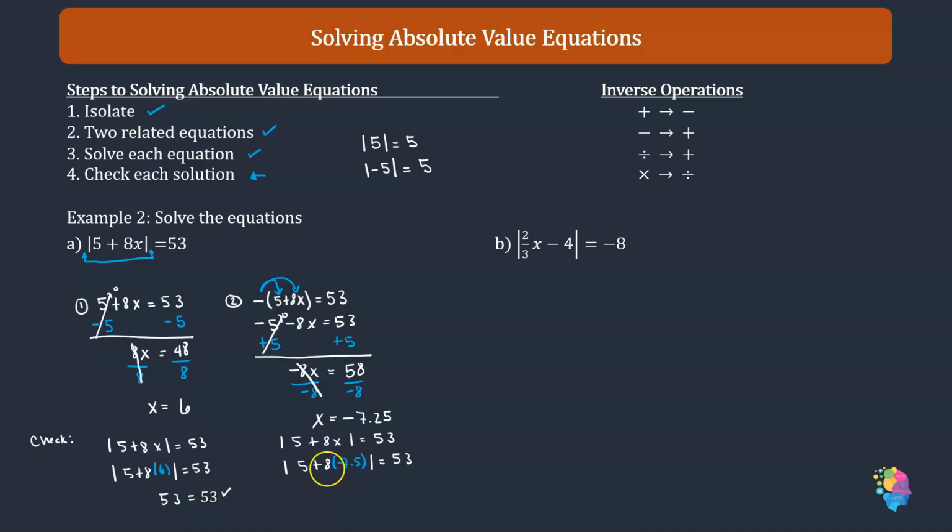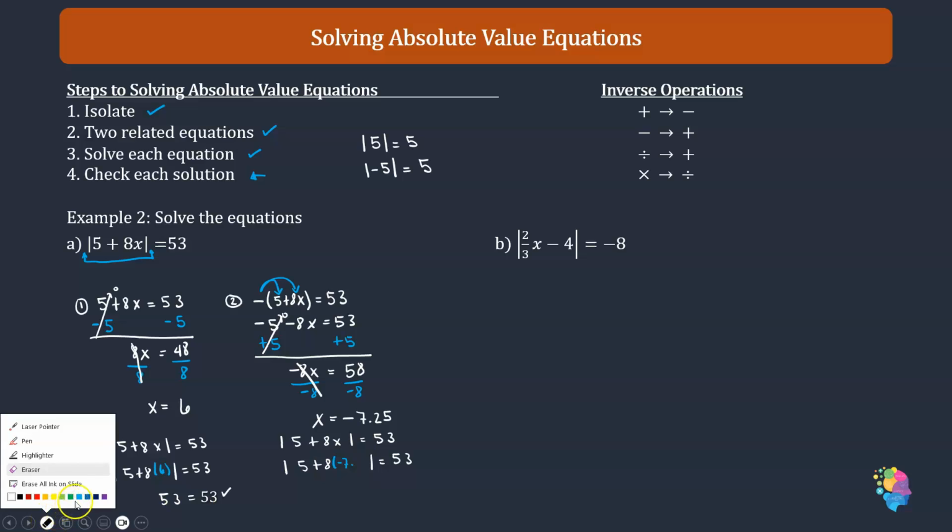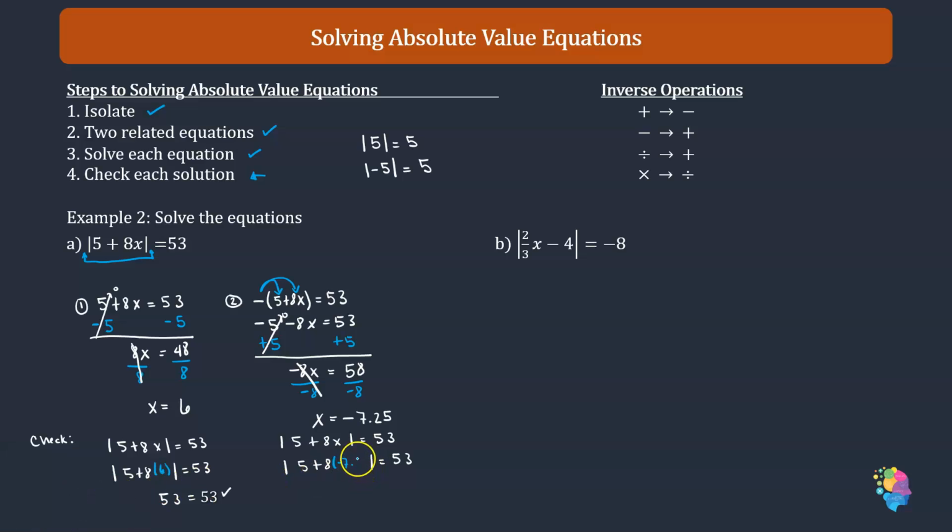And for the second, 8 times negative 7... I wrote a 5 instead of a 7.25. Let me correct that. Right here, that was the solution. So we try again. 8 times negative 7.25 is going to be negative 58.